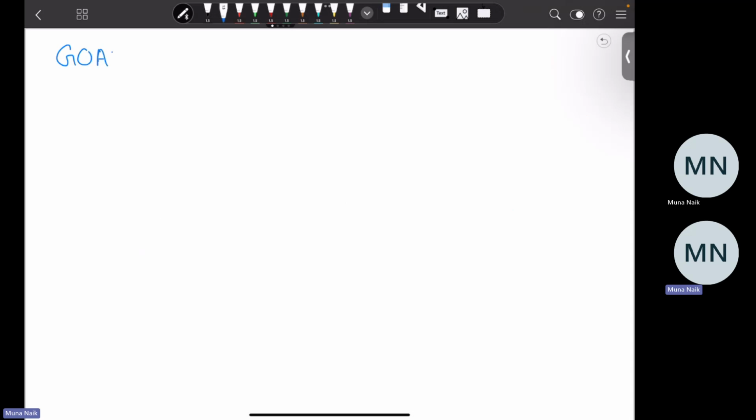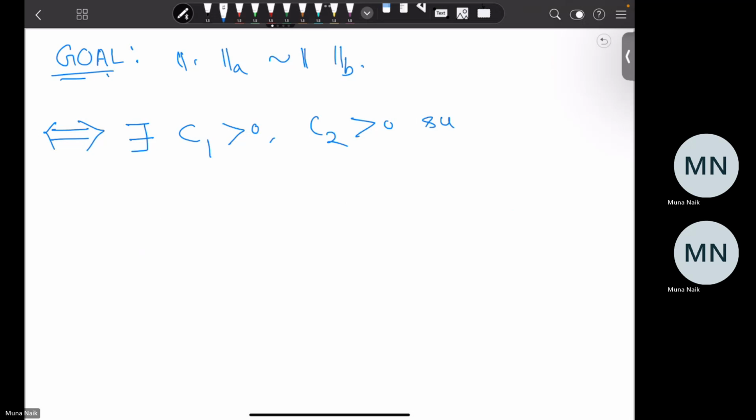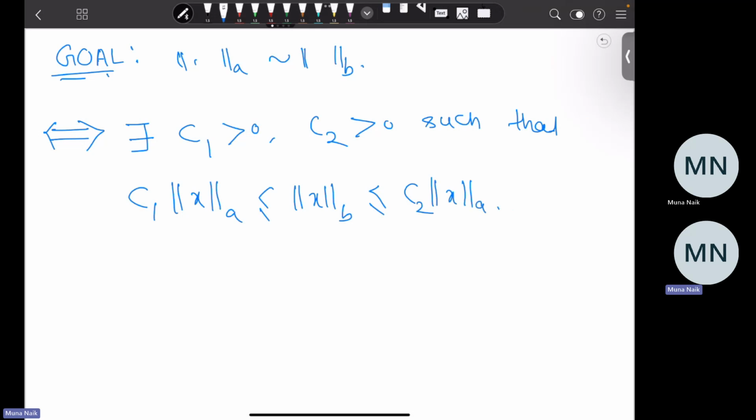Our goal is to show that norm A is equivalent to norm B. Therefore, our goal is to show that there exist constants c1 greater than 0 and c2 greater than 0 so that c1 norm x_A is less than or equal to norm x_B, which is less than or equal to c2 norm x_A. This I have to show.